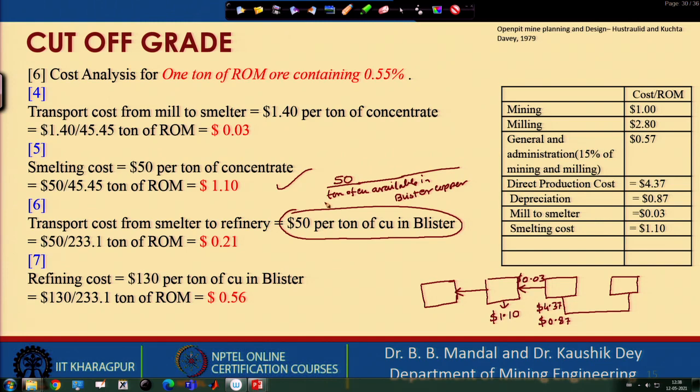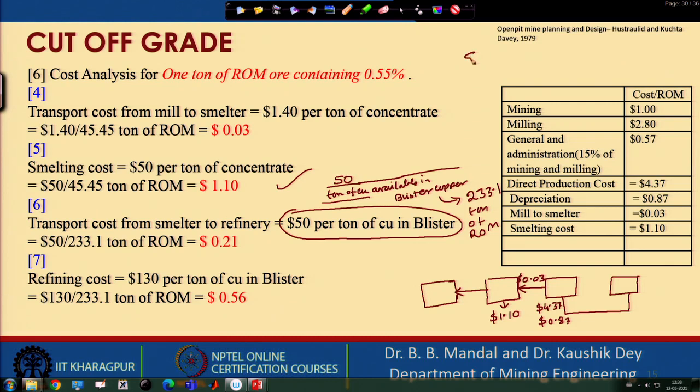So, we have seen it is a ton of copper available in the blister copper, and you know that a ton of copper available in blister copper basically represents 233.1 ton of ROM. So, if we process 233.1 ton of ROM, from there we will get 1 ton of copper available in the smelter output at this position.